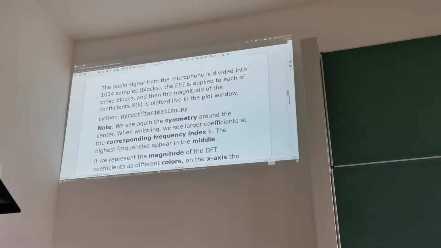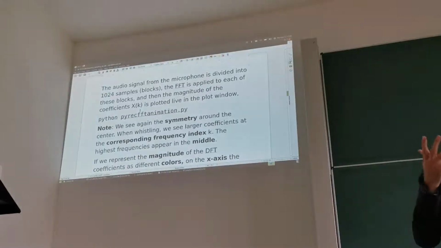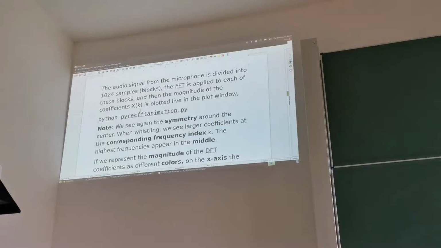It's the square root of the square of its real and imaginary part. So it's real part squared plus imaginary part squared, and the square root of it. This is then plotted because it's easier to plot one value instead of two values.